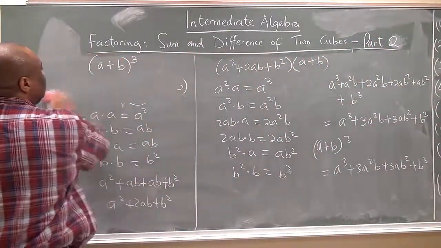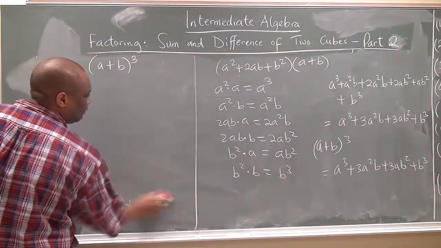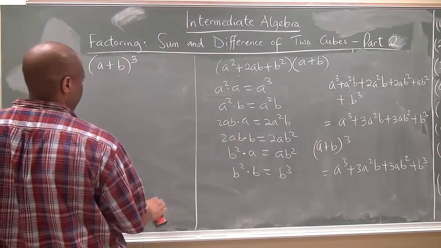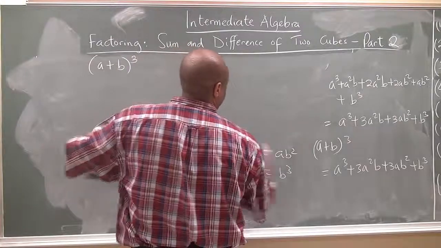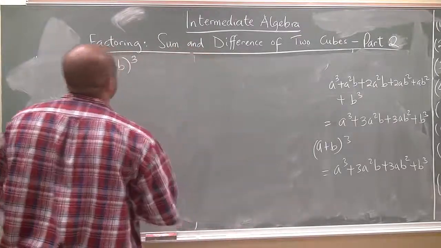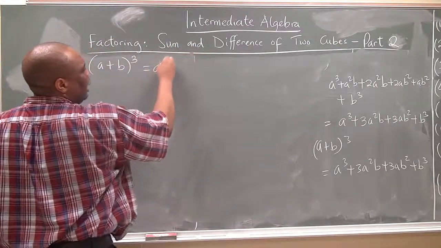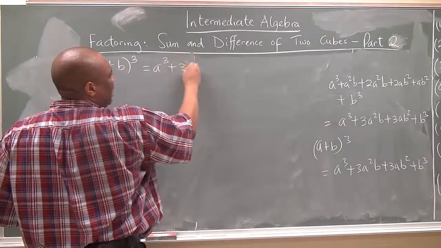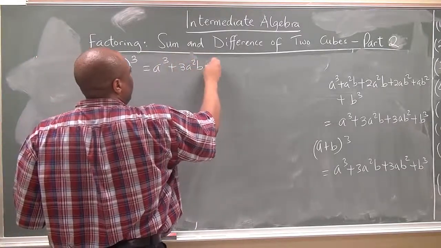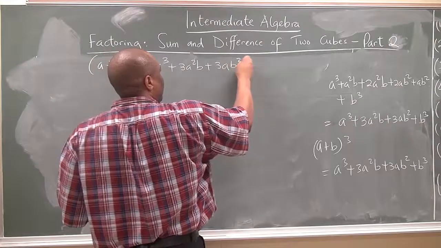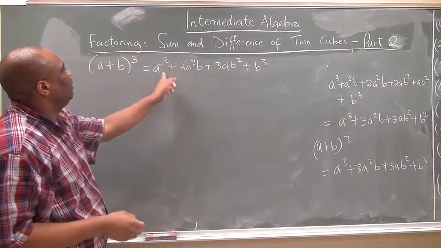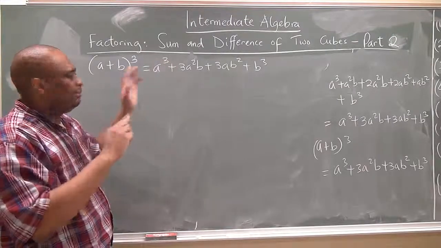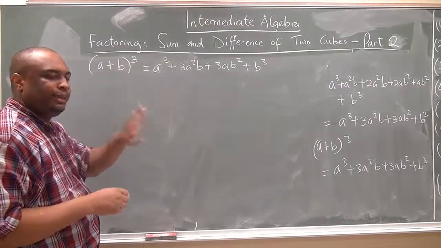Okay, I'm going to use this now to get this stuff. I will still need to erase this. So this is a cubed plus 3a squared b plus 3ab squared plus b cubed. Alright, now let's rearrange this. Make your left to be your right and your right to be your left.